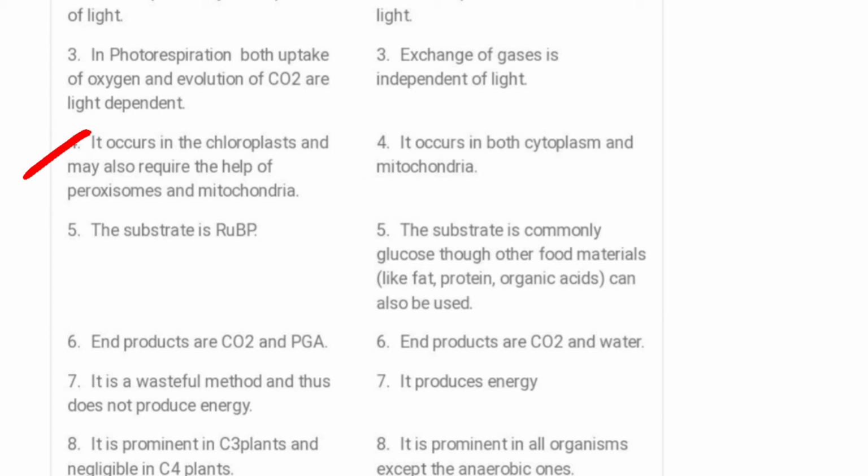On the other hand, normal respiration takes place in the cytoplasm and the mitochondria. Both the cytoplasm of the cell and the mitochondria are involved in normal respiration or dark respiration. Okay. Now come to the fifth.